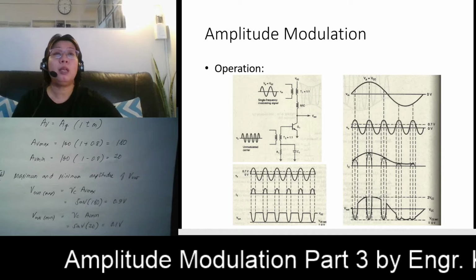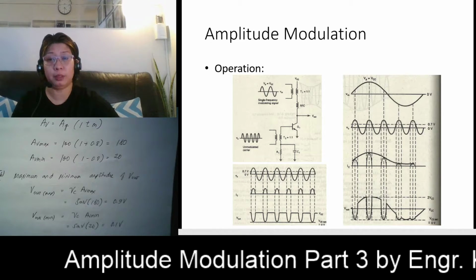The output, your IC, is very short pulses when your input is above 0.7. So our output is a negative-going waveform at the collector.